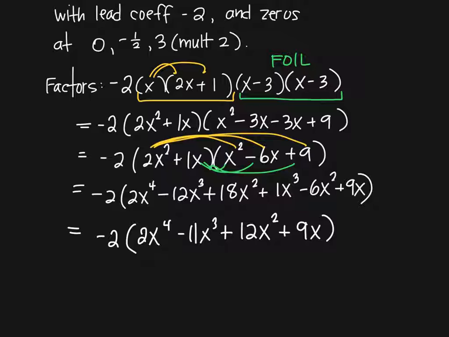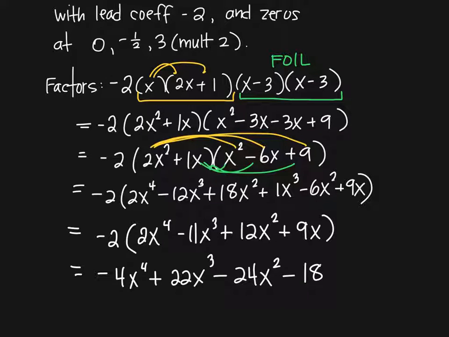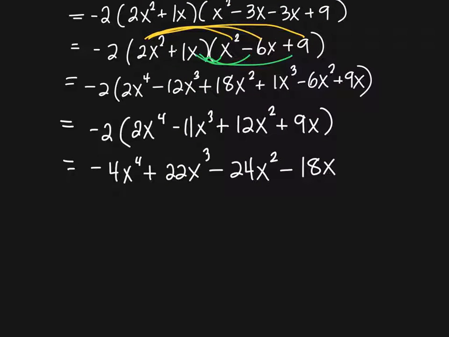And the very last thing would be to finally distribute by that lead coefficient we've been holding on to the whole time. So that'll give me -4x to the 4th plus 22x to the 3rd minus 24x squared minus 18x. So, what's the leading coefficient now?